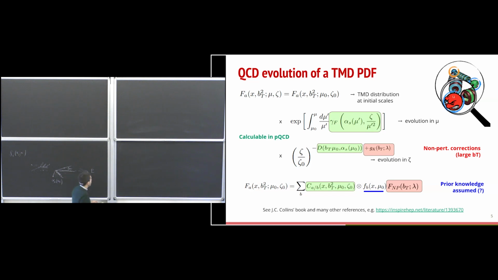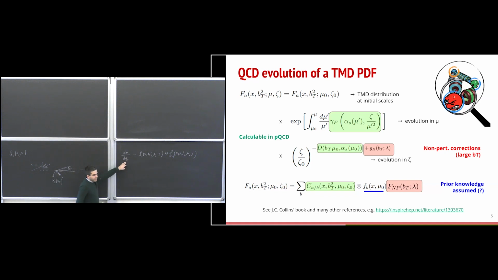If I calculate a cross-section in TMD factorization, for example the Drell-Yan cross-section as the convolution of two TMD PDFs, when does TMD factorization have predictive power in this case?